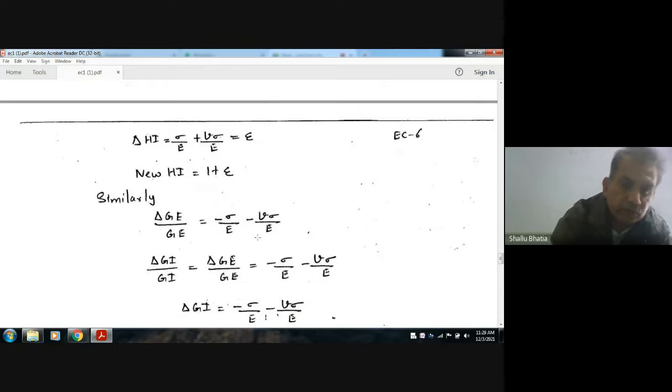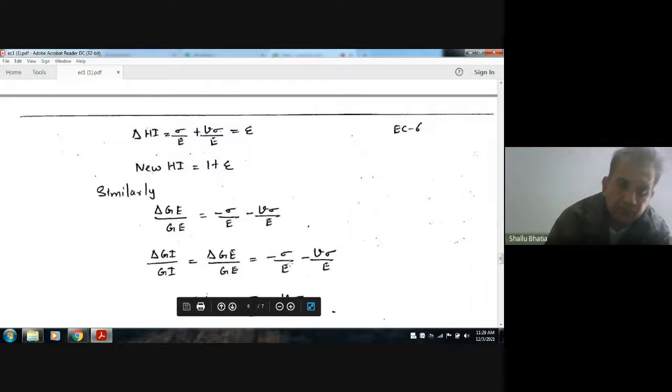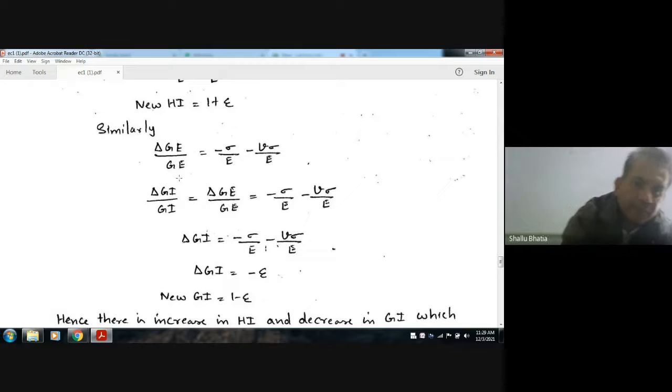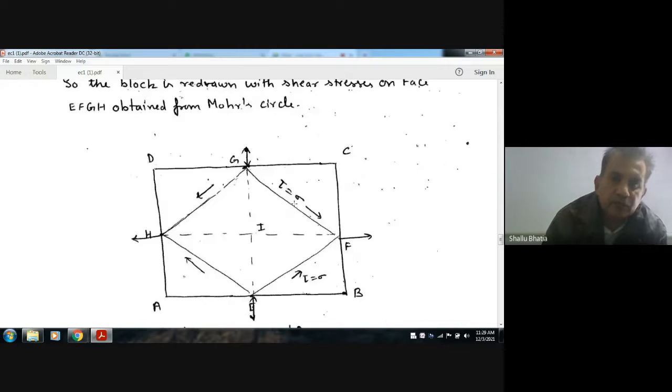Due to this stress there will be minus sigma by E, and due to tensile stress in the x direction there will also be a decrease in length, that is minus mu sigma by E. Similarly, as in the previous case, del GE by GE is equal to del GI by GI, because I is the midpoint of GE.